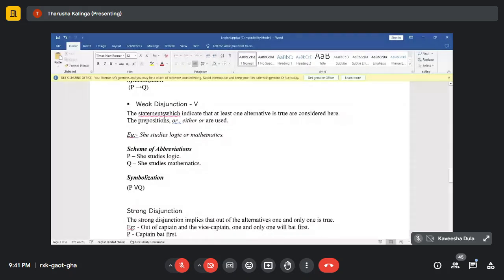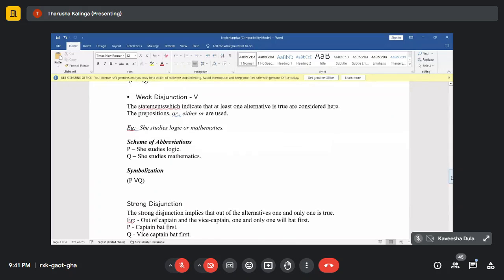If at least one alternative is true, then the output is true. So it is similar to the or gate. I think everyone knows that, so I'm not going to talk about that that much. So then here the scheme of abbreviation is given.